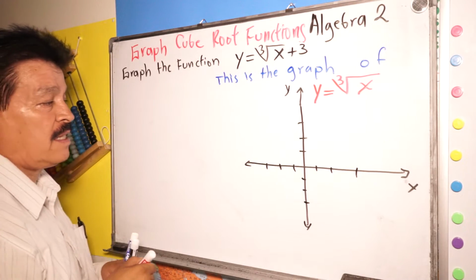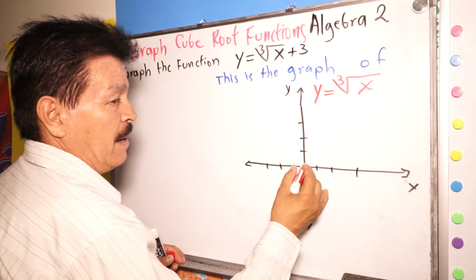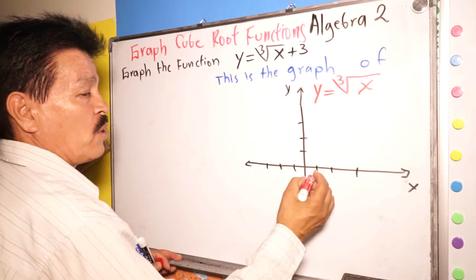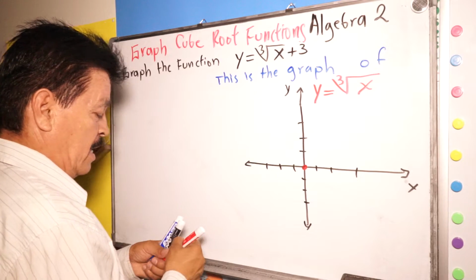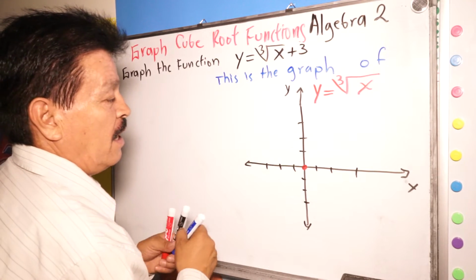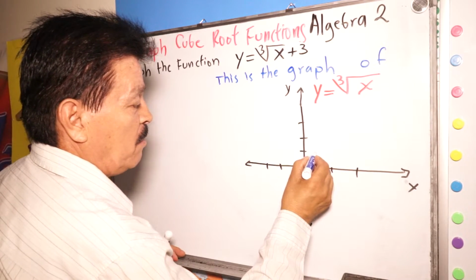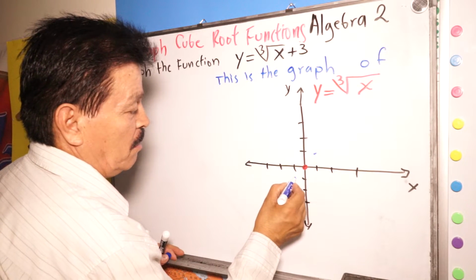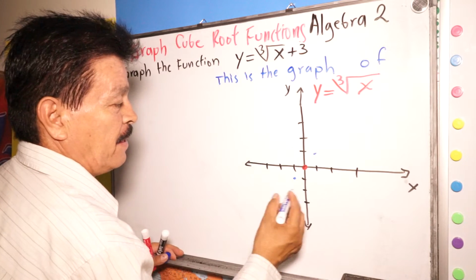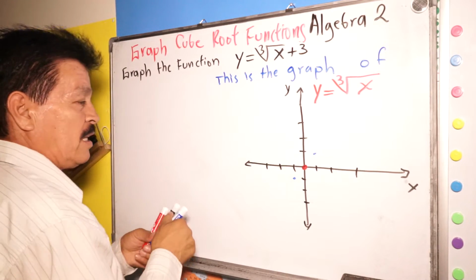Okay, this graph passes exactly through the origin. And then it crosses the point 1, 1 and negative 1, negative 1, right here. The graph just looks like this.